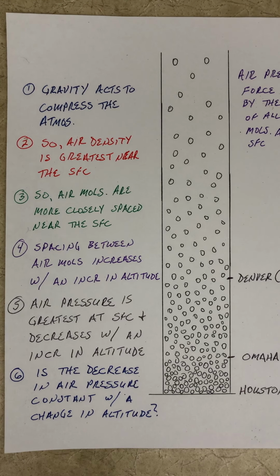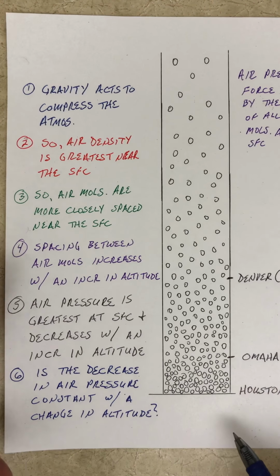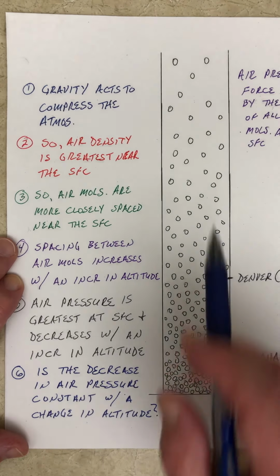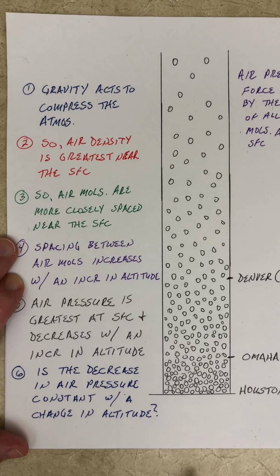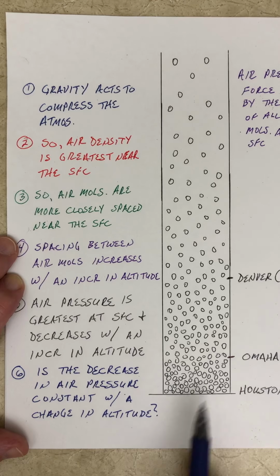I think you can see already, because the molecules are not evenly distributed, that this decrease in air pressure as you go up into the atmosphere is not going to be constant. So I can kind of answer that question right away. If these molecules were evenly distributed within the column of air, then yes, the decrease in pressure would be constant as you go up into the atmosphere.